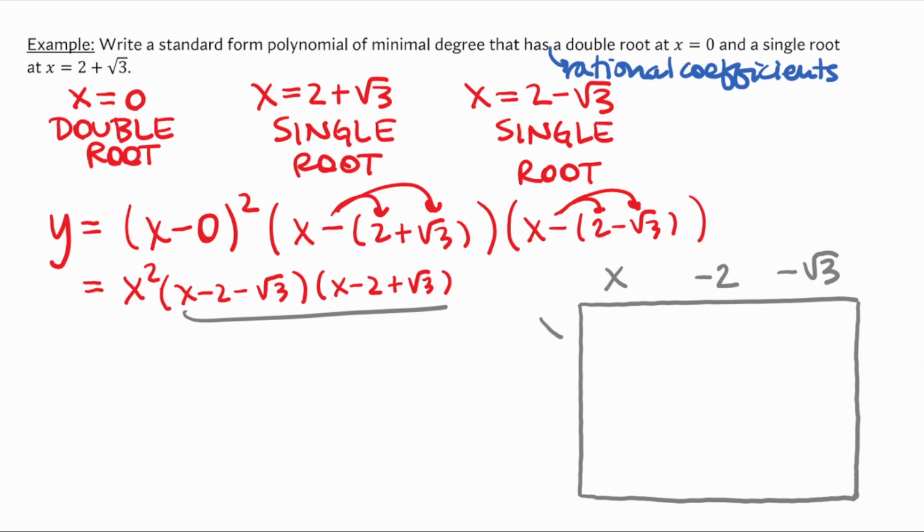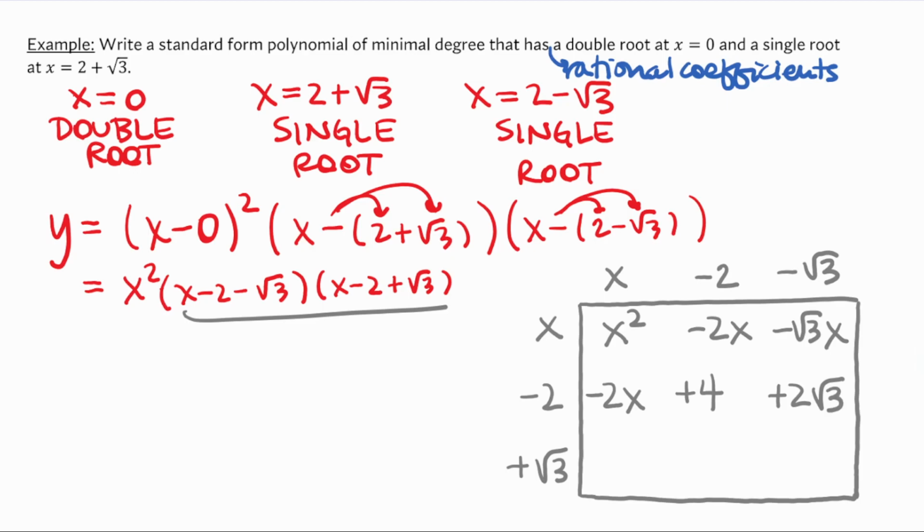Okay, so x minus 2 plus the square root of 3 was the second one. All right, so we're just going to multiply this out. I probably should have paused for this, but it's going to be all right.